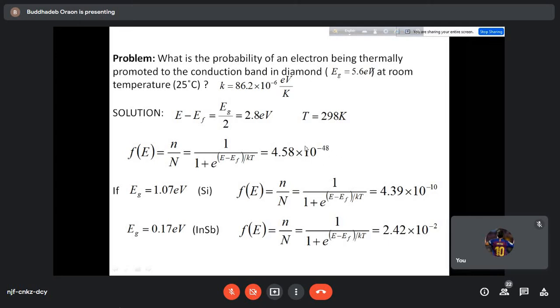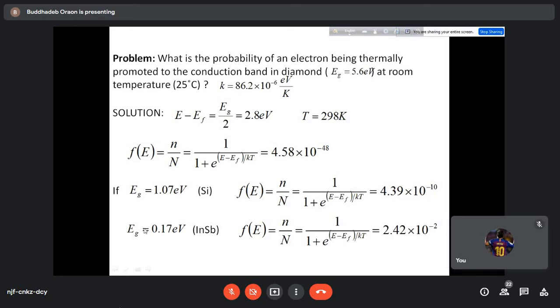The chance increases 10 to the power 38 times, which is a very, very high quantity. That is why in silicon the chance that an electron will move from valence band to conduction band is 10 to the power 38 times more compared to diamond. That is the idea we get from these two calculations.